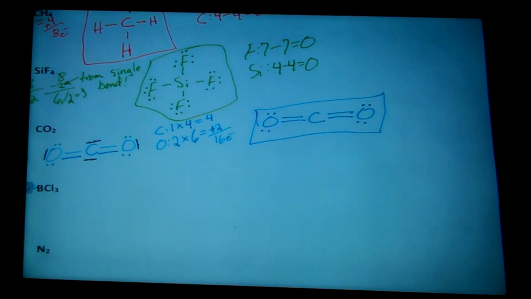And that is what the Lewis structure should look like for carbon dioxide. Okay?